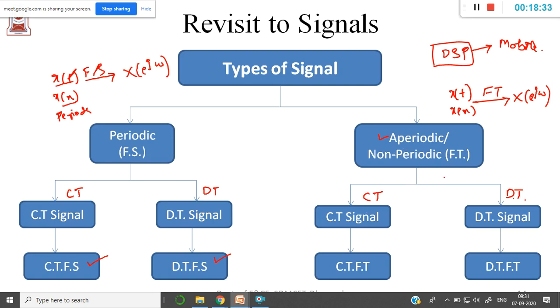In the case of the Fourier transform, it is applied for the non-periodic or aperiodic signal. If the signal is a CT signal, then we will go for the continuous time Fourier transform. If it is a DT signal, then we will go for the discrete time Fourier transform. I hope this chart is very clear to all.